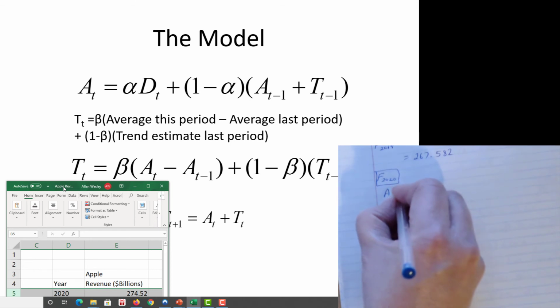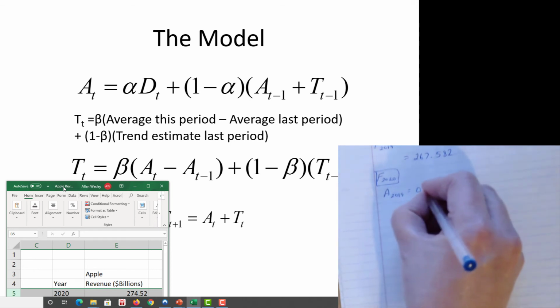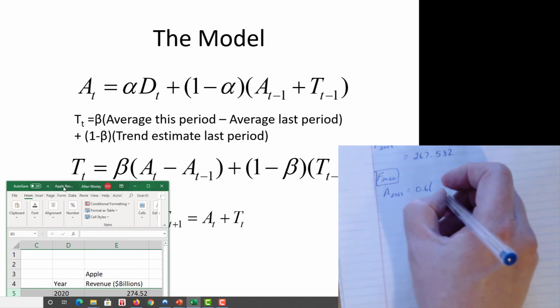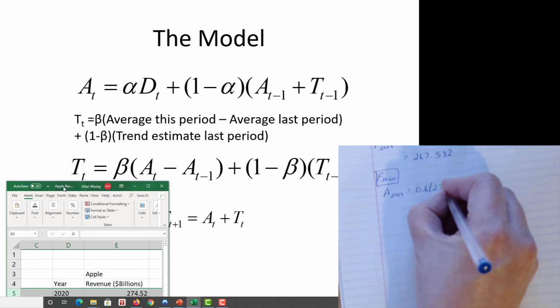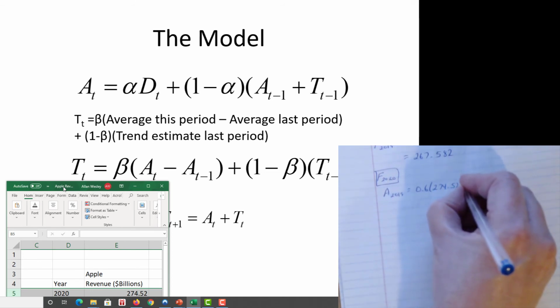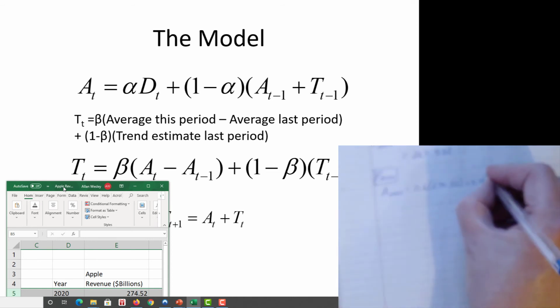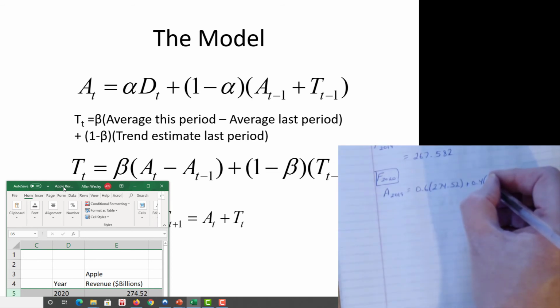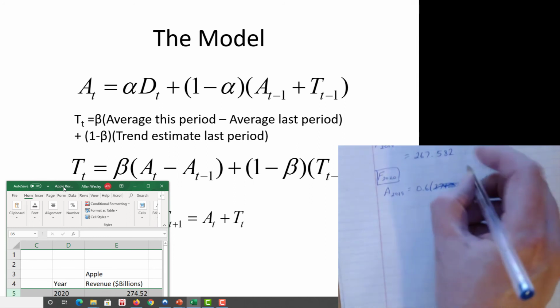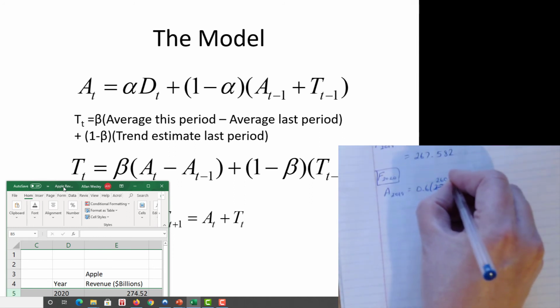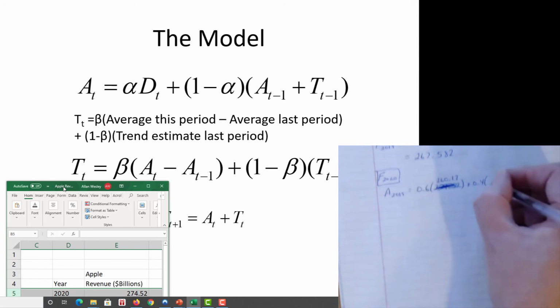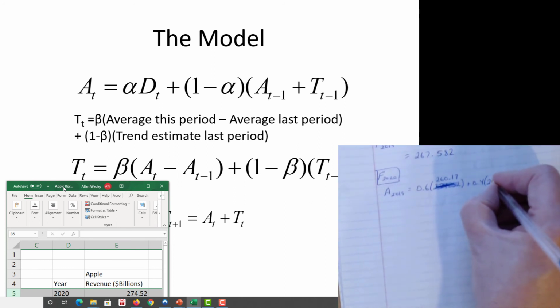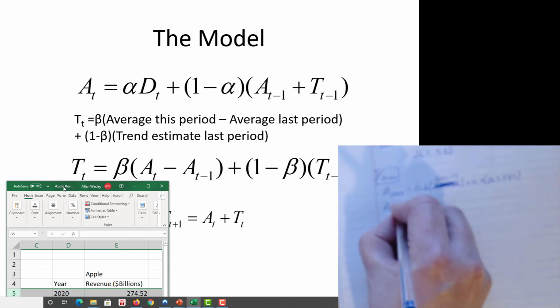Anyway, the average for 2019 is 0.6 times the demand in 2019, 261.7, which is the actual demand for 2019, and then 0.4 times the previous forecast, 267.582.